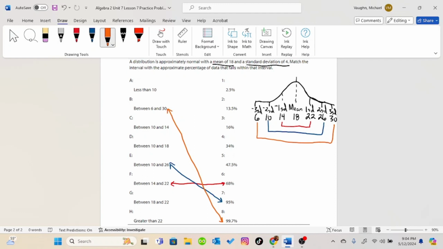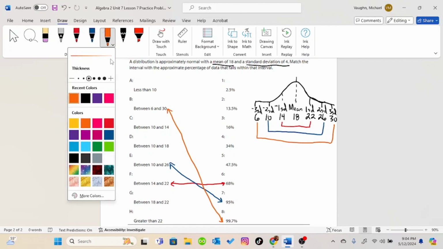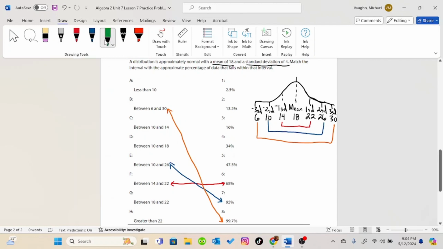So now we've got to look at some of the other ones. If I wanted to know less than 10, then that is below 2 standard deviations.